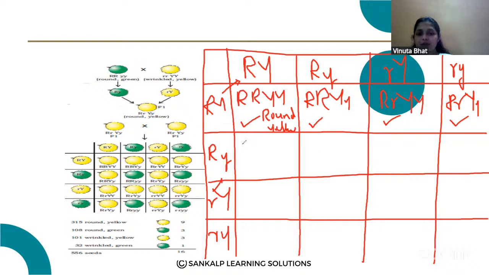Then next one, capital R. So this with the first row, capital R, capital R, small y, capital Y. So that is also round yellow seeds. See the next one, this one multiplies with the second one, capital R, small y, that is round green.